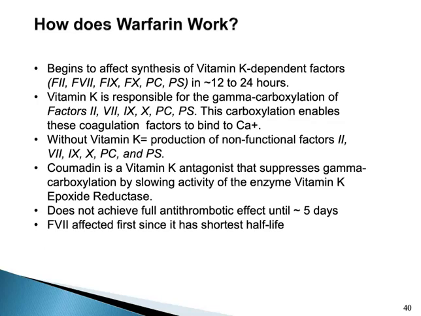And factor 7 is the first factor to be affected because factor 7 has the shortest half-life. And that is why the common test to monitor warfarin or coumadin is the PT and the INR, because the PT primarily tests for factor 7.